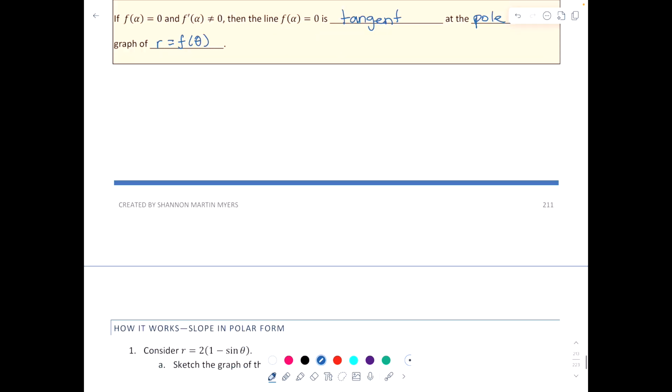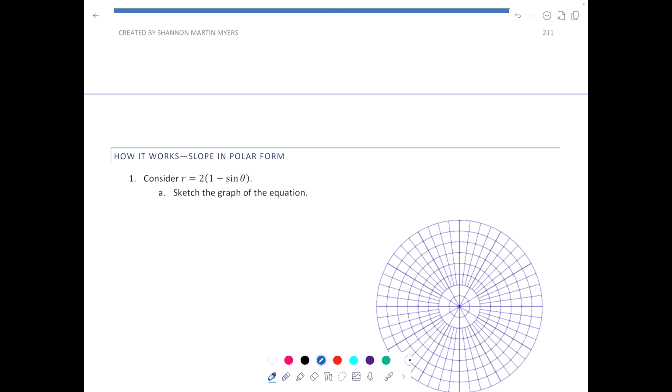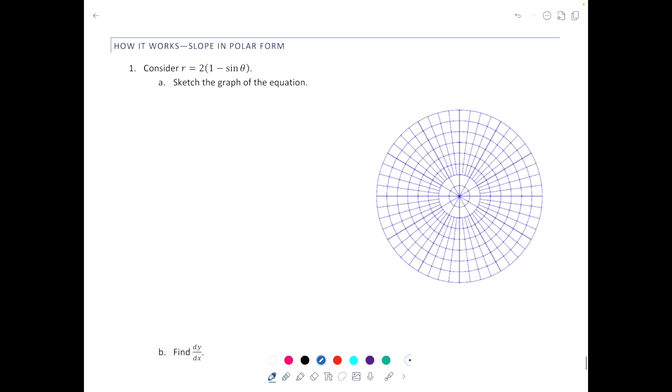Slope in polar form. So we have r equals 2 times 1 minus sine theta. We're going to sketch the graph of the equation by hand. So I know you have a calculator. Normally you would use your calculator. I get it. But let's just do it a little bit old school so you get used to the system. So we have r and theta. Now, I'm thinking that this will complete in 2 pi, all right?